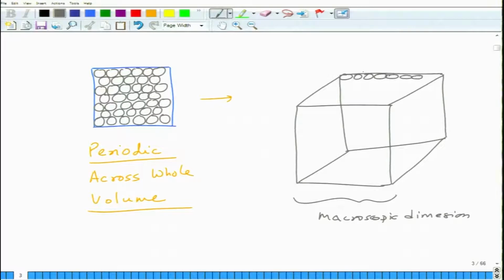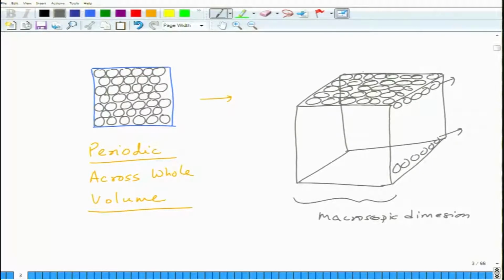Whether you look here or here, it is the same. The atomic arrangement on this surface is the same all throughout, similarly on this surface.